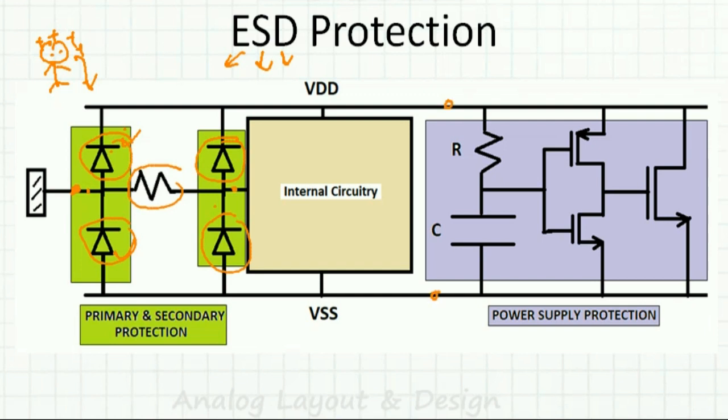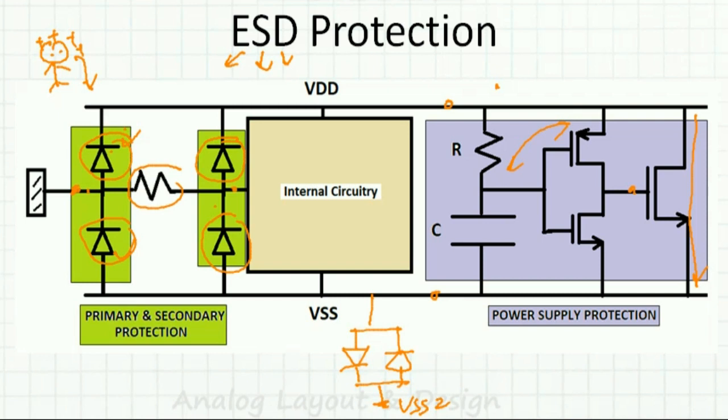So any high voltage comes here, this RC delay will create a delay and this will turn on, and it will discharge from VDD to ground. This is my power supply protection. And if I have multiple VDDs and multiple VSSs, we will have back-to-back connected diodes. These are the different types of protections we will see in ESD.